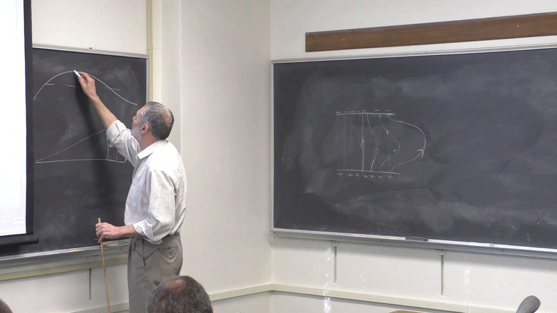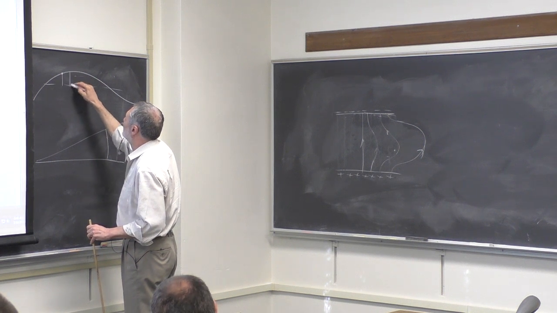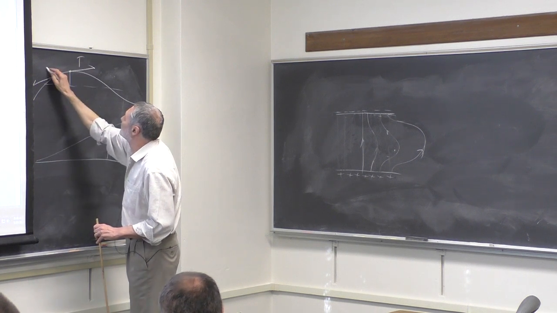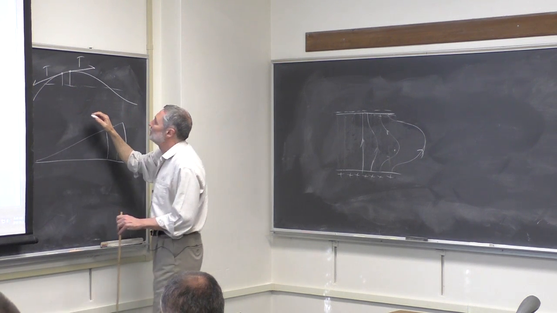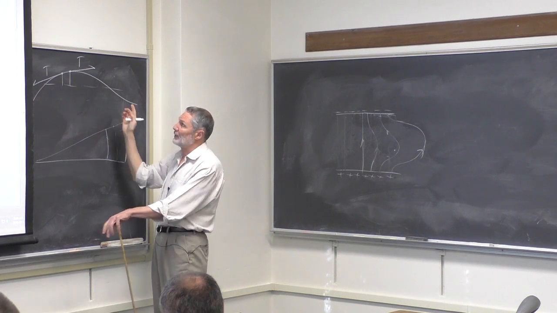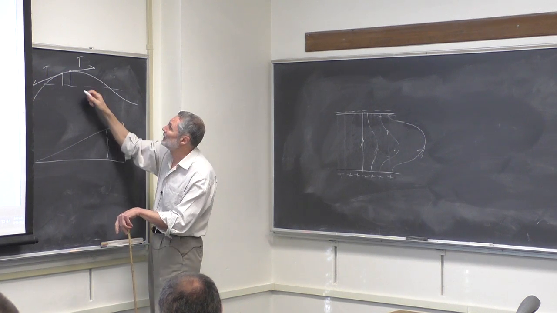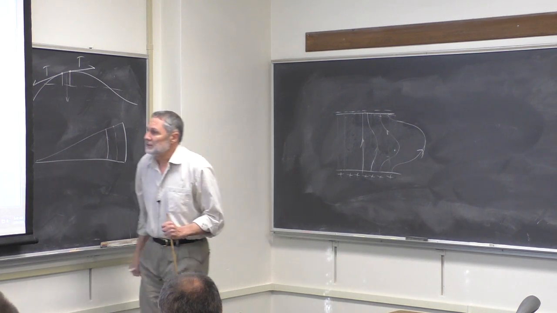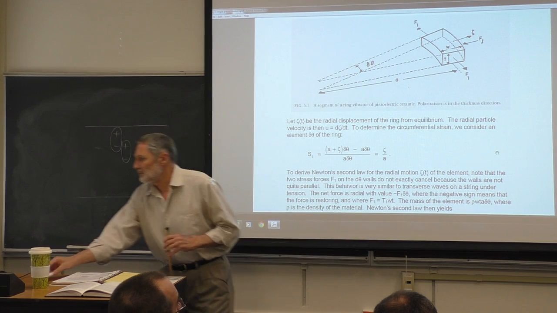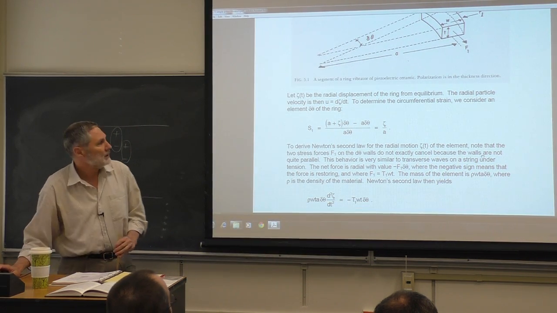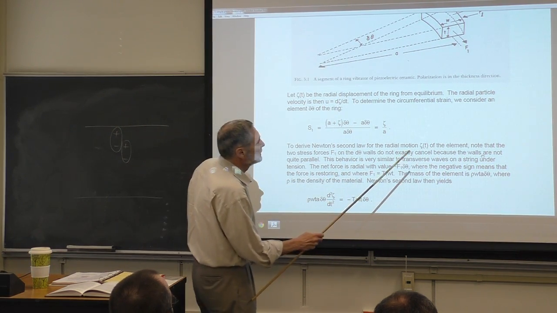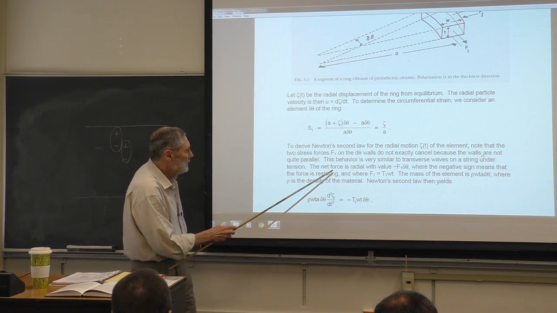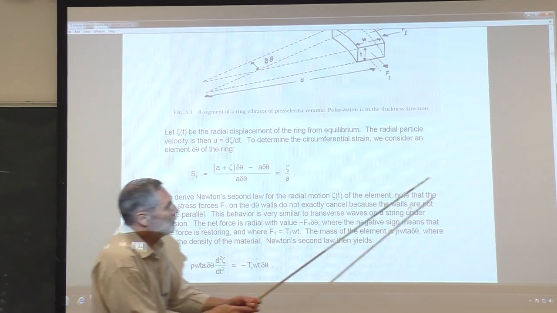When you have waves on a string under tension, you look at a little element here. There's a tension force here, there's a tension force here for linear motion. Those two magnitudes are approximately the same, but their directions are a little different, right? There's a net force, a net restoring force. So we can use the mathematics from there. You did this for a string: the net radial force is going to be inward.